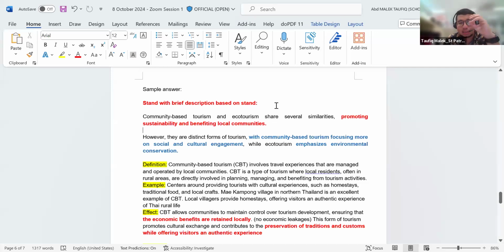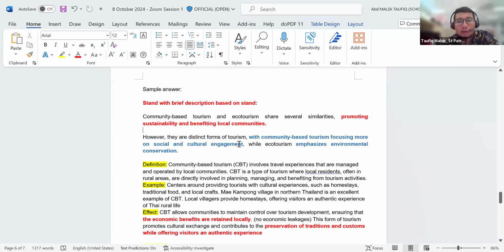And then I move on by saying that, however, there is also difference among the tourism. And I need to tell them what is the difference in a very brief manner. So what is the difference? The focus is different. So community-based tourism focuses on social and cultural engagement, while ecotourism focuses on environmental conservation.